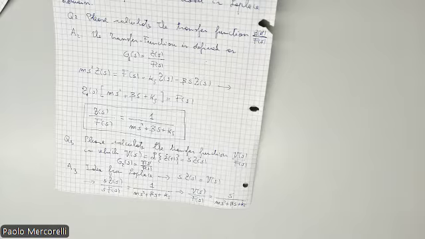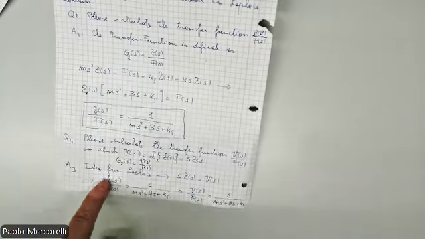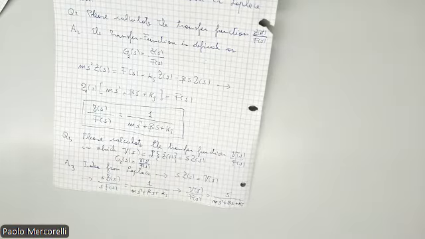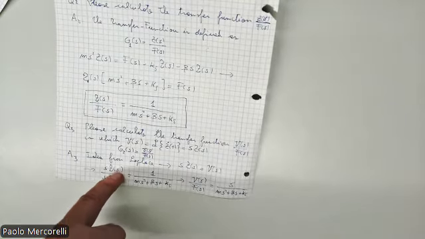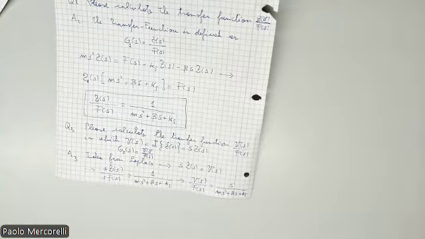This is exactly what I did here to calculate very quickly the new transfer function, the transfer function G2, because we know that S multiplied by Z of S is exactly V.